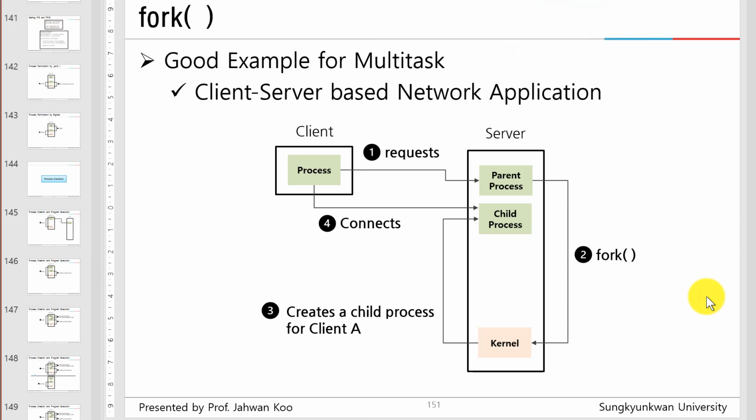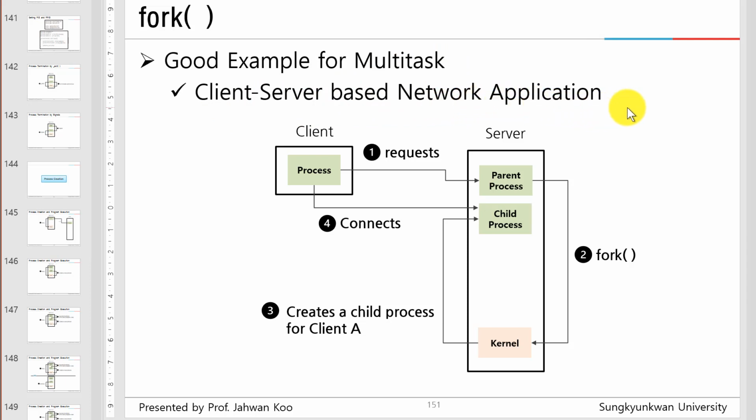Why do many applications fork to create multiple processes? In many applications, creating multiple processes can be very useful for providing a multitasking environment. Client-server based network applications are a very good example.